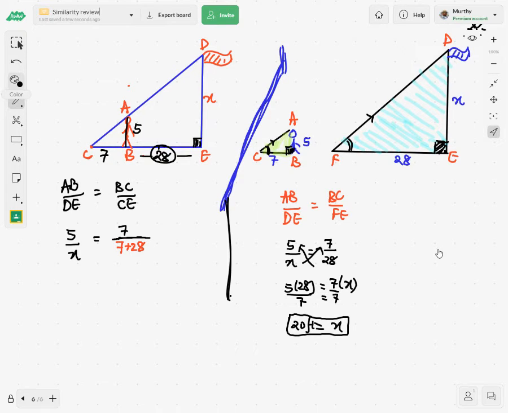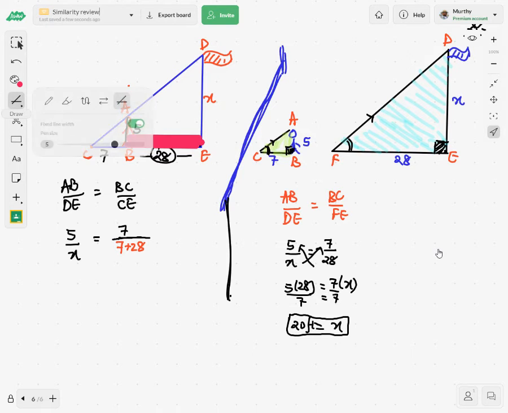The mistake you are making, let me show, when you solve the problem, you are taking only this part, only 28, which is not correct, because you have to take the whole length of the large triangle, which means CE. You are taking BE and you are ending up with the wrong answer.